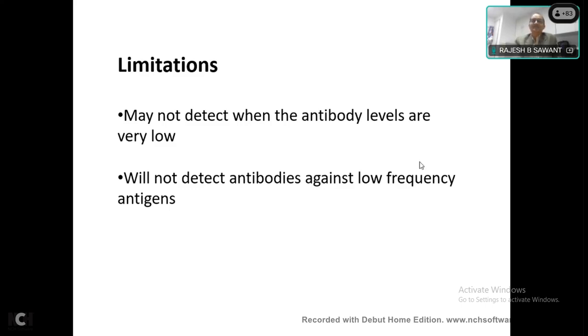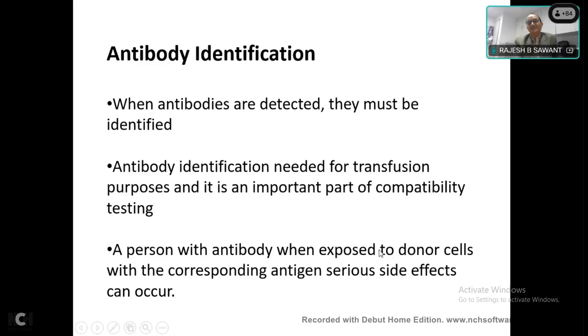The limitations are that you may detect only when the antibody levels are high. So you need to have a good strength of antibody to be able to detect by most of the methods. But new methods, the automated methods, are more sensitive now, and you will not detect antibodies against low frequency antigens. So these are the limitations to keep in mind.